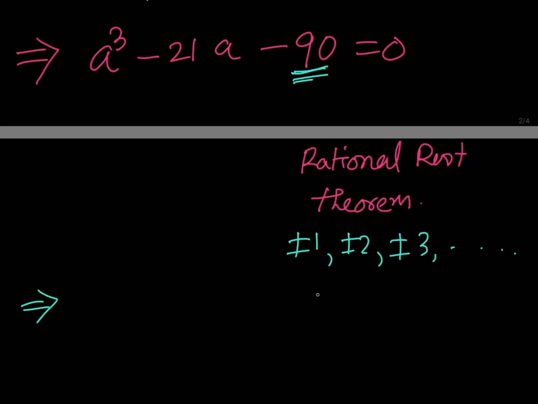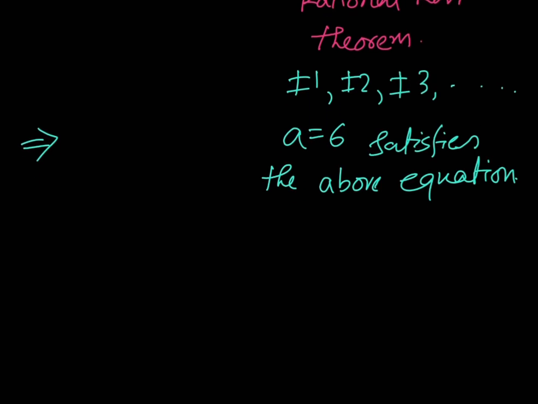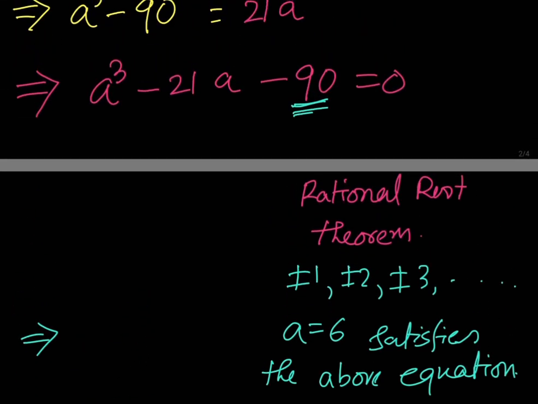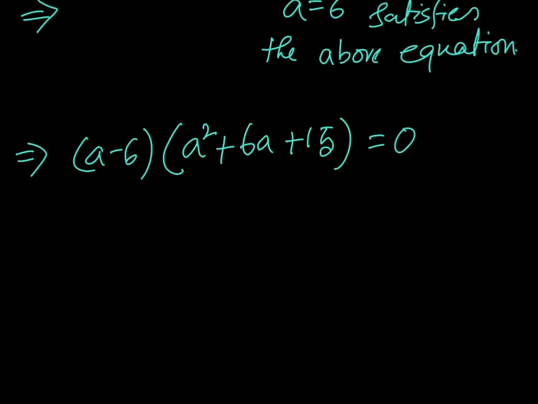One can easily check that a equal to 6 satisfies the above equation. Hence a minus 6 will be a factor of this equation, and if you factorize this, then you will get a square plus 6a plus 15 equal to 0.